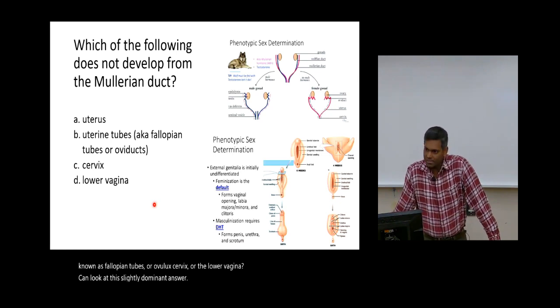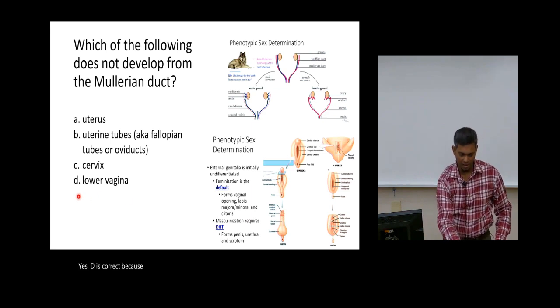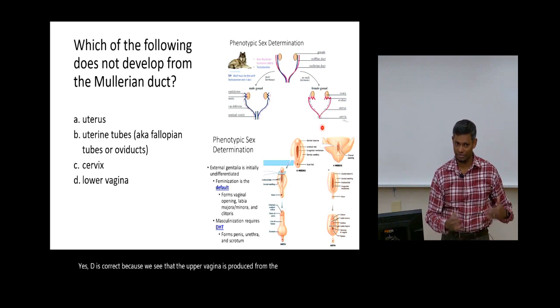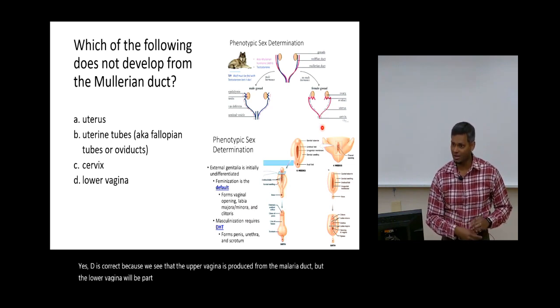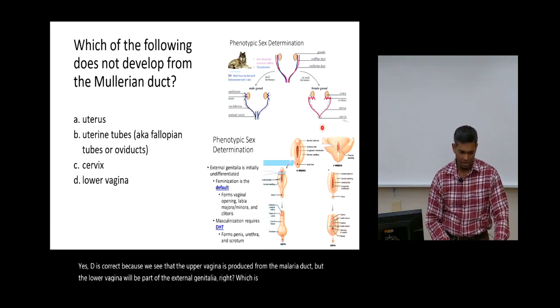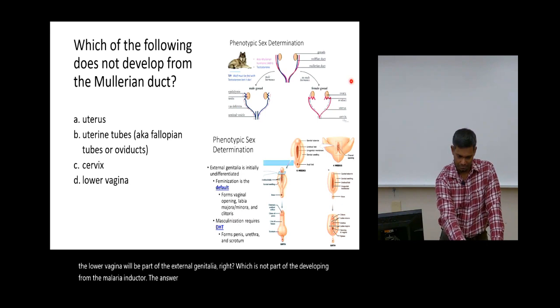A, B, C, D? D, yes, D is correct, because we see that the upper vagina is produced from the Mullerian duct, but the lower vagina will be part of the external genitalia, right, which is not developing from the Mullerian duct. So the answer is right here.